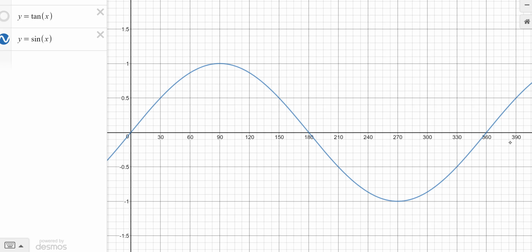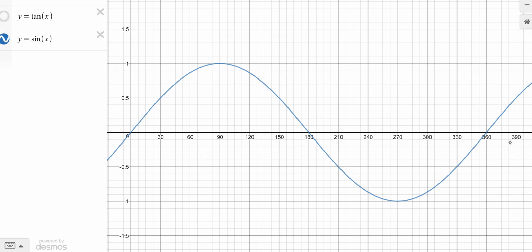Now the graph is quite special because it's symmetrical. It's symmetrical between 0 and 180 degrees, so that's a nice U curve that we've got over there. But it's also symmetrical from 180 degrees through to 360 degrees. So we can see values over here and here that match each other.